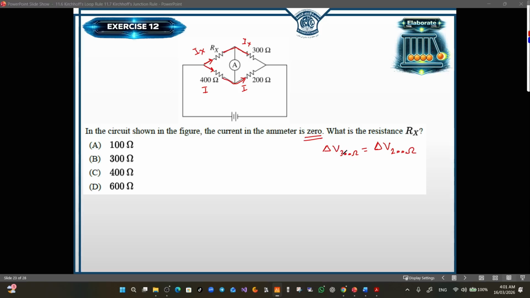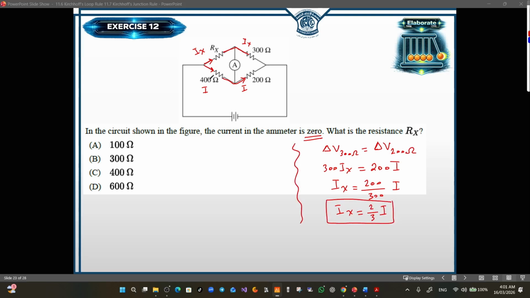Which means for the 300 ohm, Ohm's law will be written as 300 Ix equals 200 I. So we can say that Ix is equal to 200 over 300 I, and Ix is 2 over 3 I. Keep this in mind. Now we jump into Rx and the 400 ohm. We know that they are connected in parallel, so the 400 ohm voltage is equal to the voltage of the Rx.